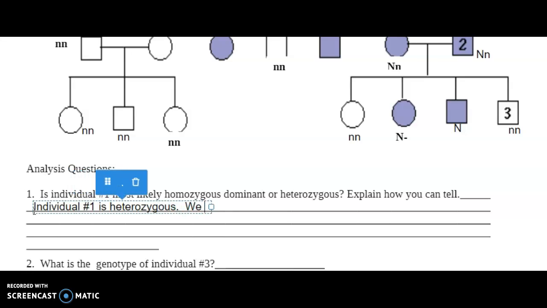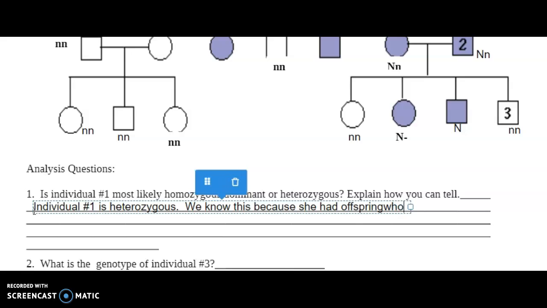We know this because she had offspring who show the recessive trait.